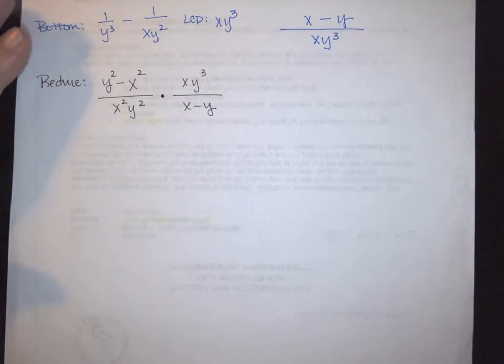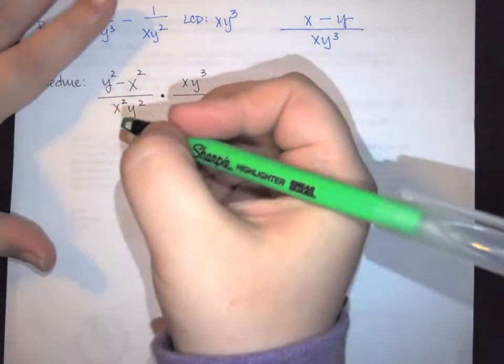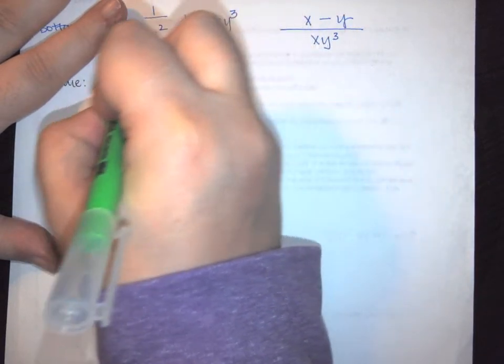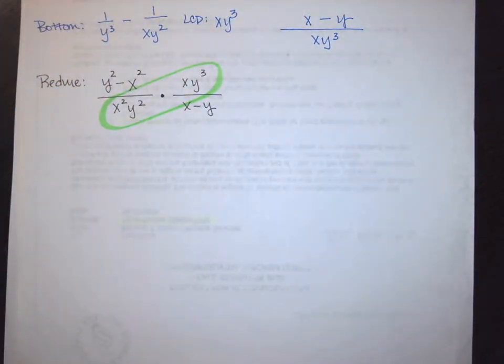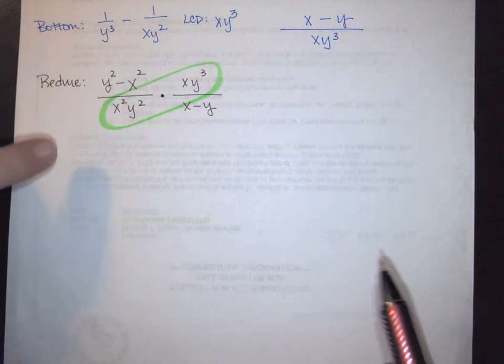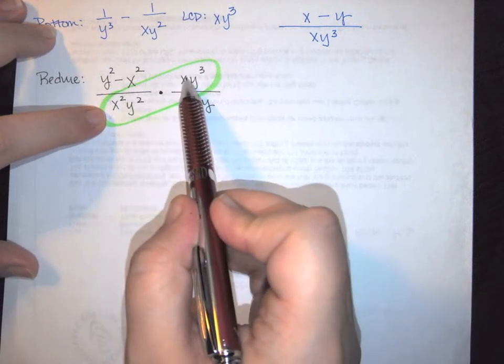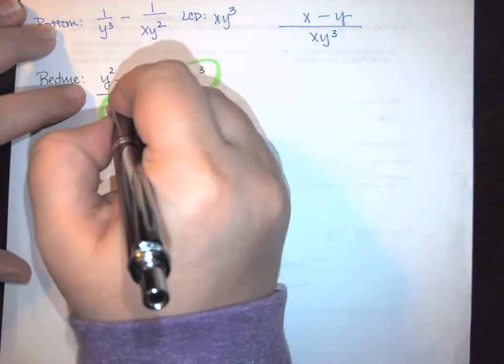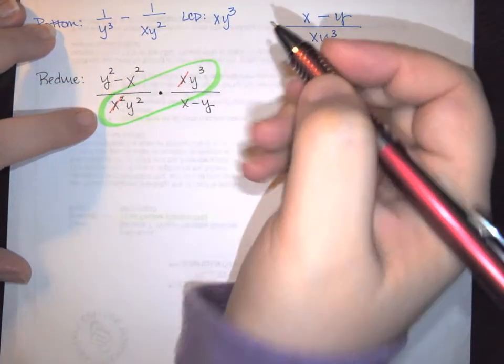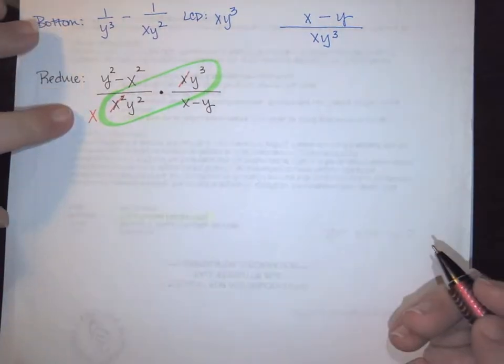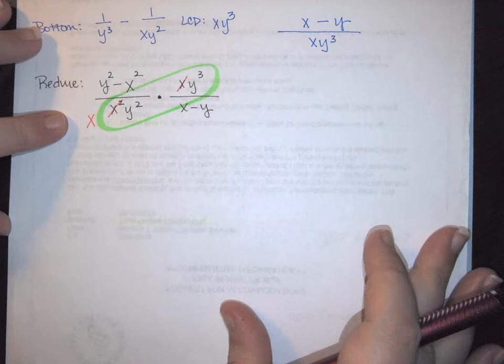The first thing that we are going to focus on is this diagonal piece right here, as it is going to be the easiest piece to work on simplifying. Okay. So first and foremost, I have x squared on the bottom and an x on top. So these are both going to go away, and what's left behind is the x on the bottom, but no longer on the top.